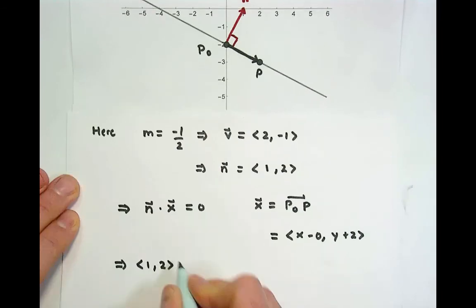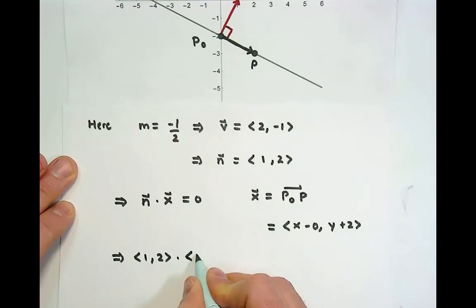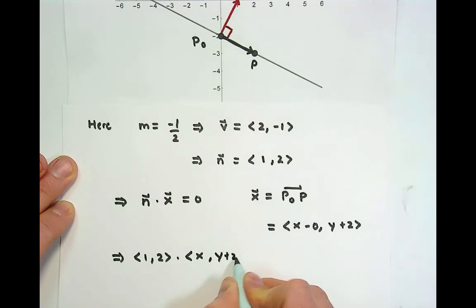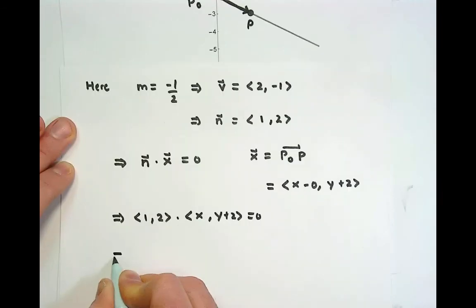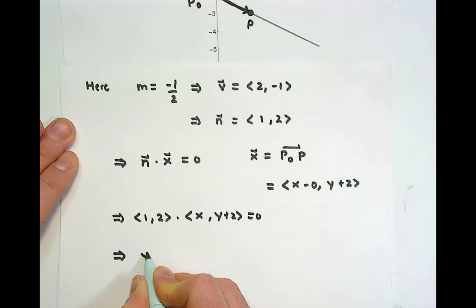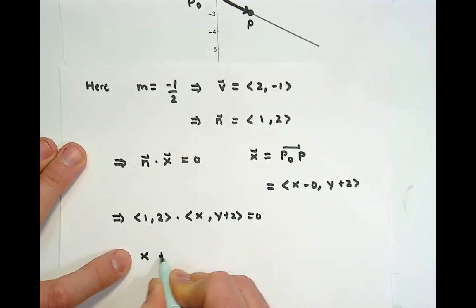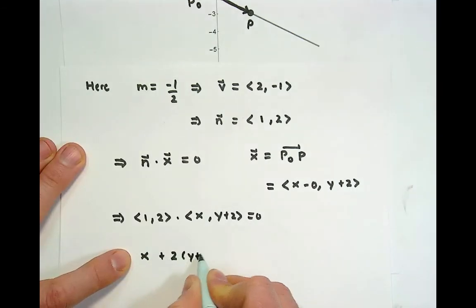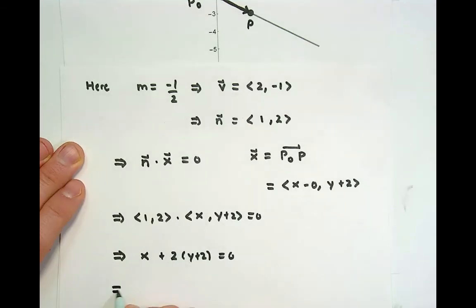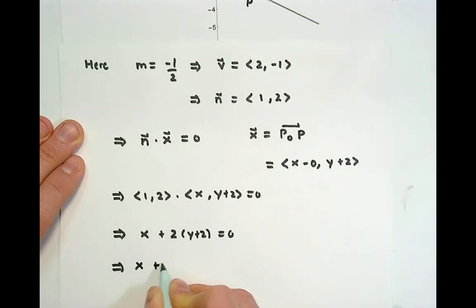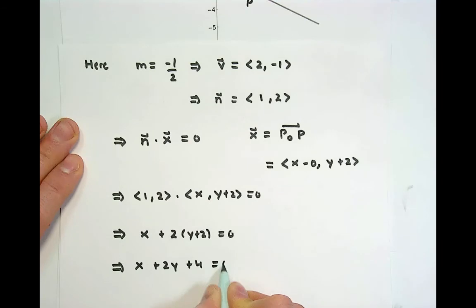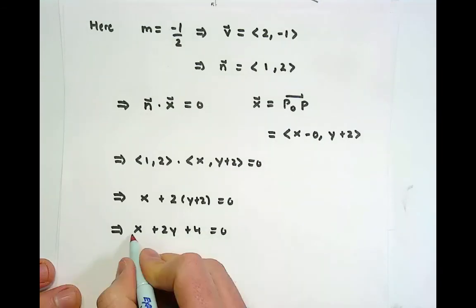And then here we would have 1, 2 dotted with x, y plus 2 equal to 0. And this is where we have our representation. This is now x plus 2 outside of y plus 2 equals 0. And then this is now x plus 2y plus 4 equal to 0.